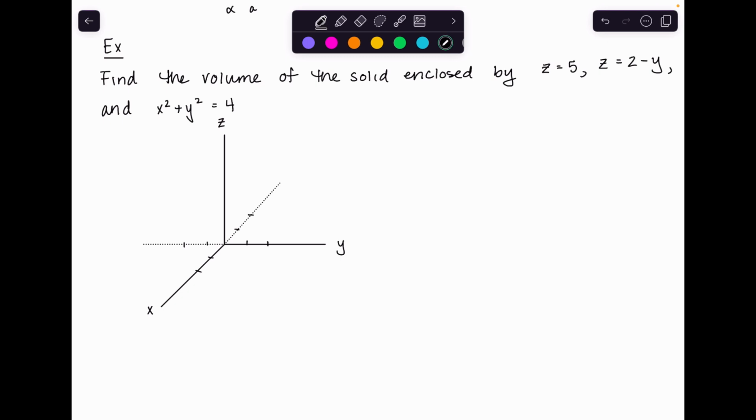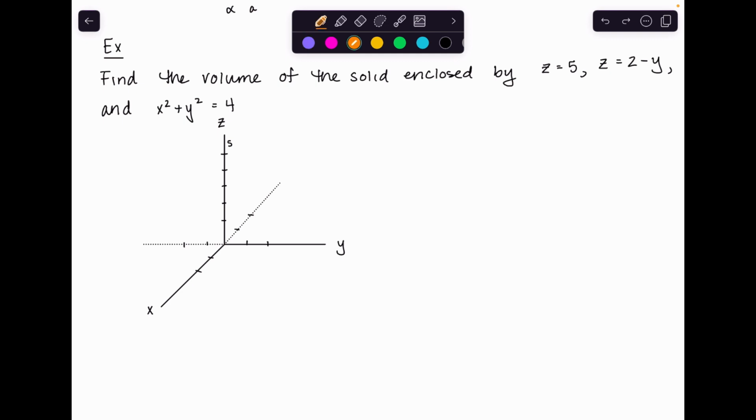Okay. So let's start with this plane, z equals 2 minus y. X is free, so it can be absolutely anything that it wants. If I were to think about just graphing that line, when y equals 0, my z is going to equal 2. And I'm actually going to draw up 5 in this direction because we know we have the plane z equals 5.